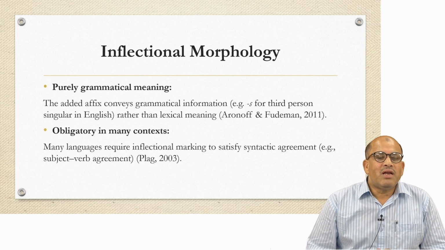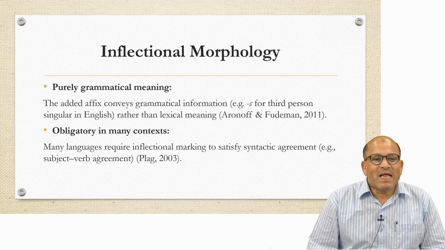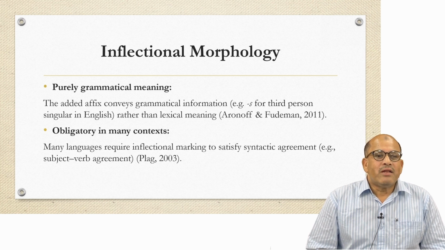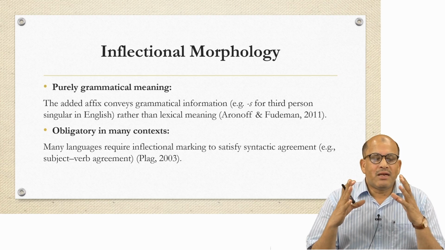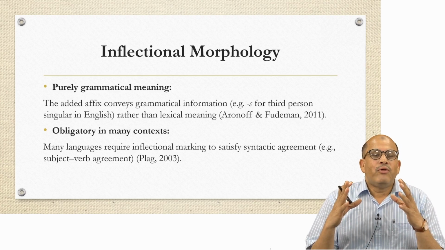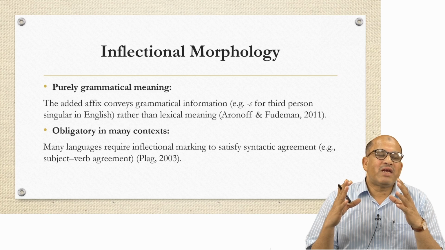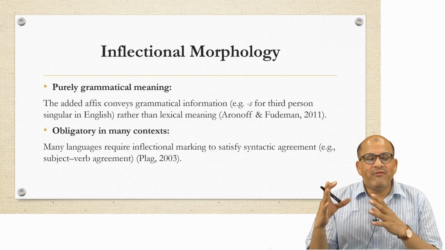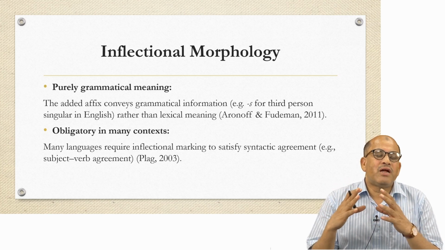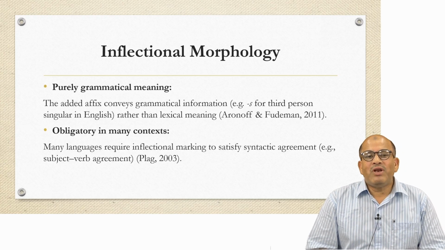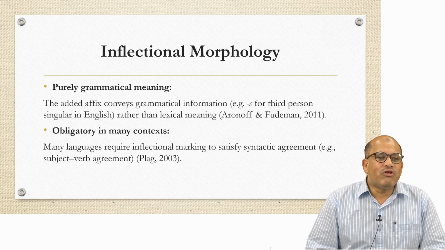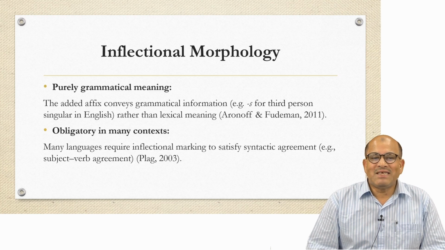The second characteristic is purely grammatical meaning. To add an affix, just to make you understand, affixation is the process where we can use prefix, suffix and infix. All three together, known as affixes, convey grammatical information. For example, s marks the third person singular in English rather than changing lexical meaning.